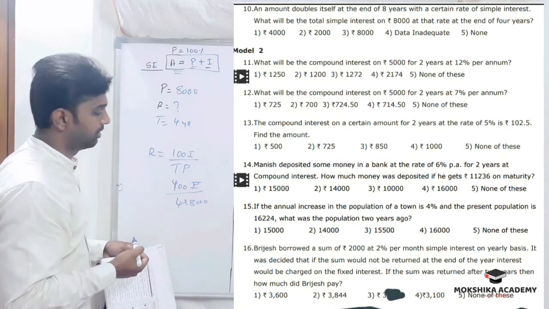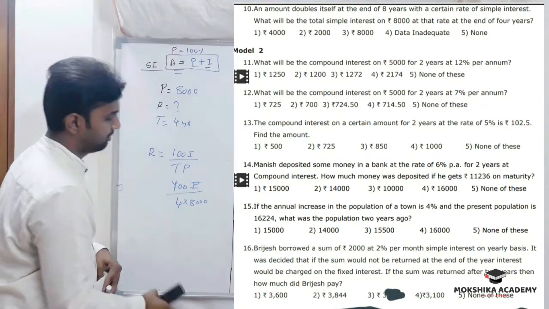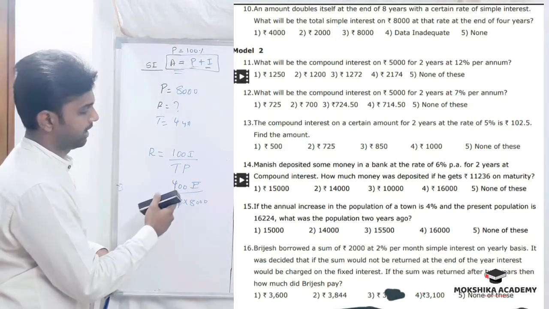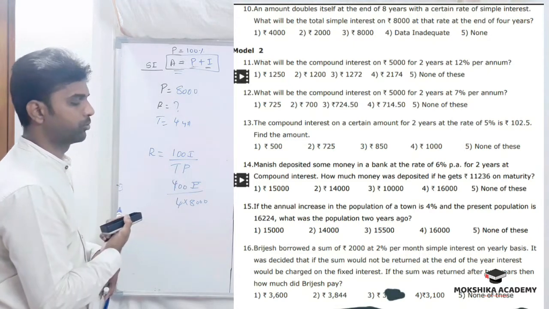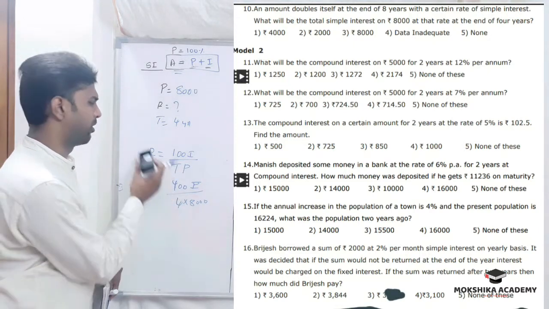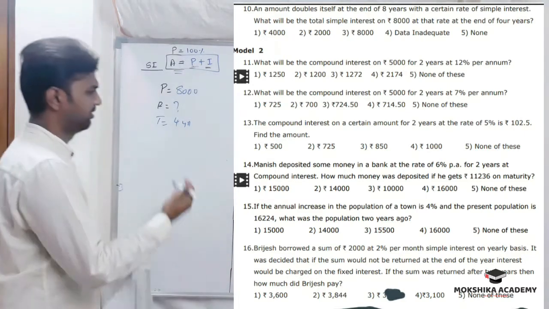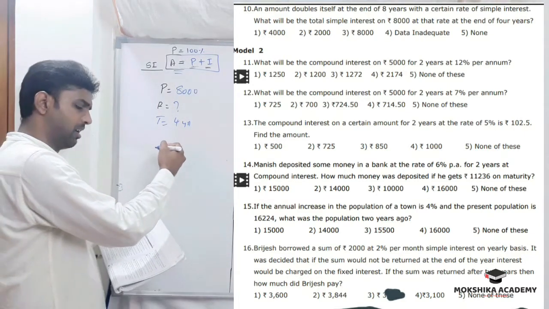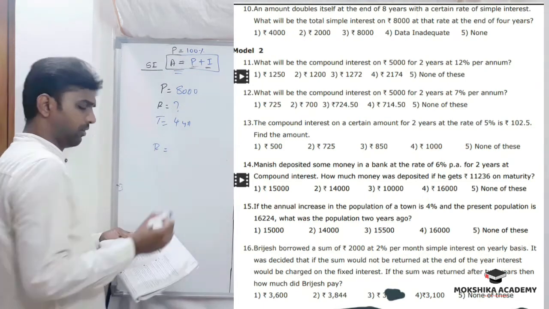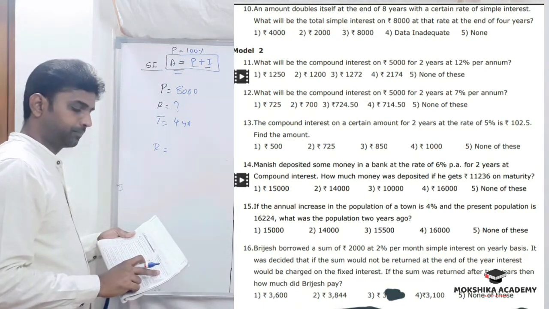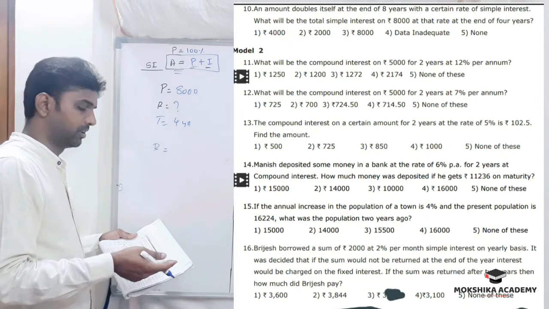So overall you can do this, but don't go this way. Go by the easiest method. That is, the rate of interest is only double. Okay, directly the rate of interest is doubled.